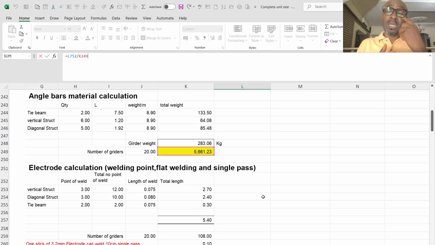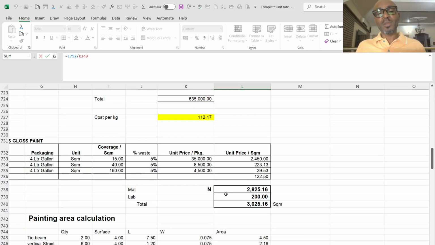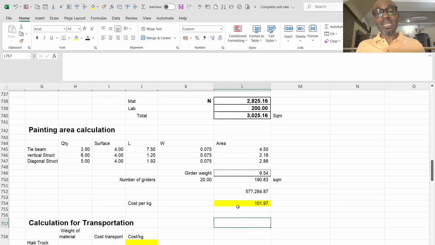Then also you divide it by the total weight. If the painting in the bill is priced either in square meter or in kg, you divide it by the kg. You have this as the cost per kg. But if it is cost per square meter, this will be the quantity in the bill.